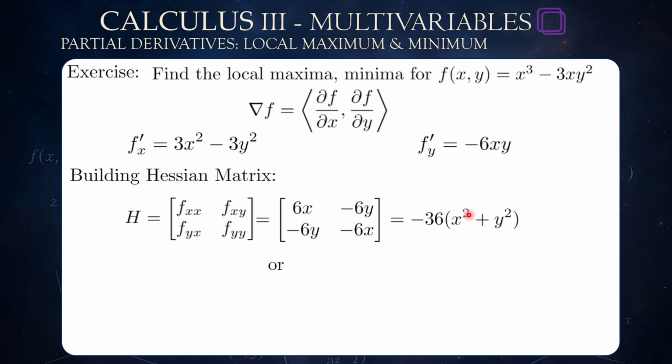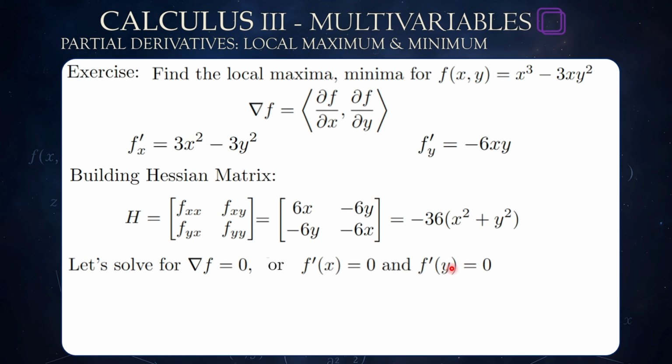We need to find where this Hessian matrix is positive, where it is negative. We need to study it. So let's solve for nabla f equal to 0 to see where f prime x, f prime y are 0 to get the local minima or maxima if possible.